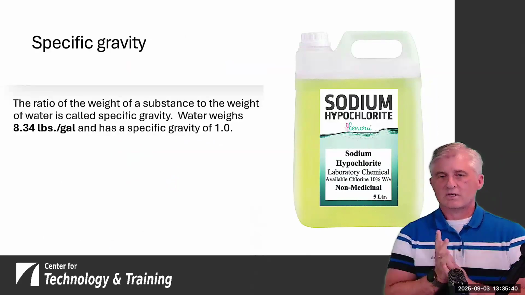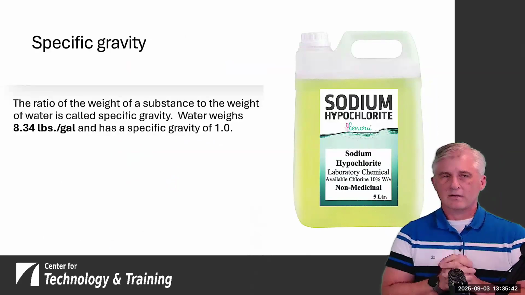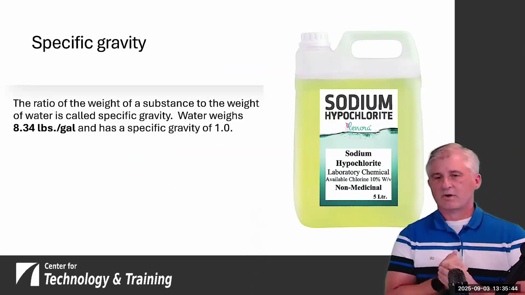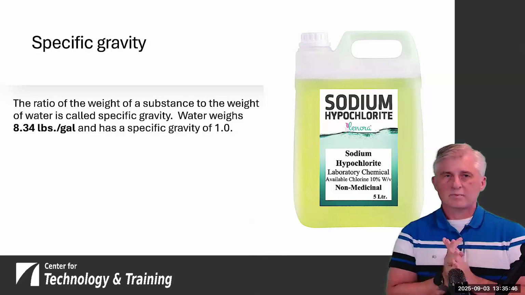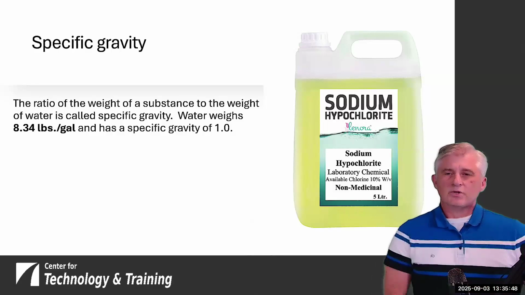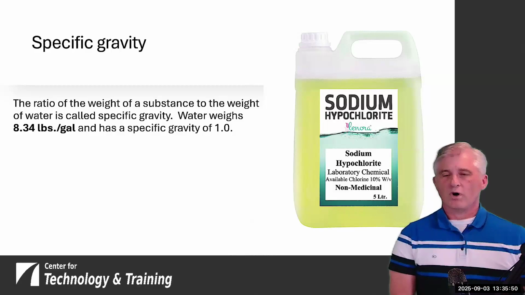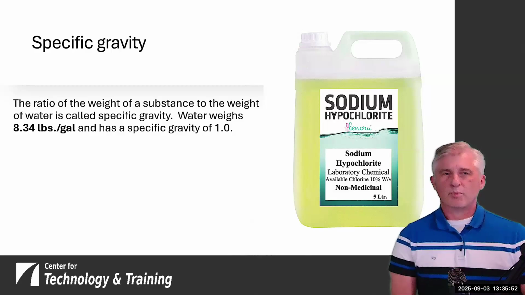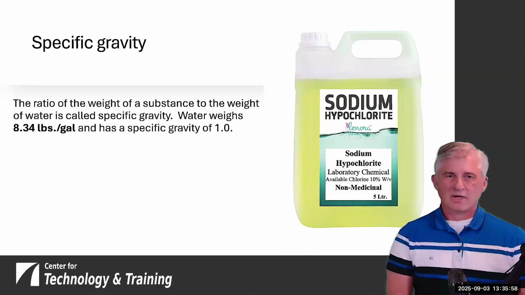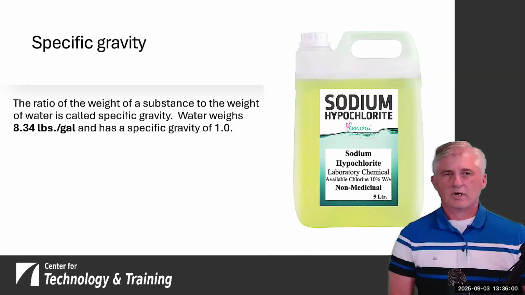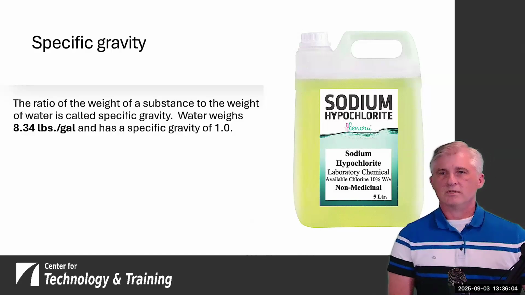As we start to look at liquid chlorine, we have to talk about specific gravity. Specific gravity is the ratio of the weight of a substance to the weight of water. How does the weight of that substance compare to the weight of water? We're talking about liquids in both cases.